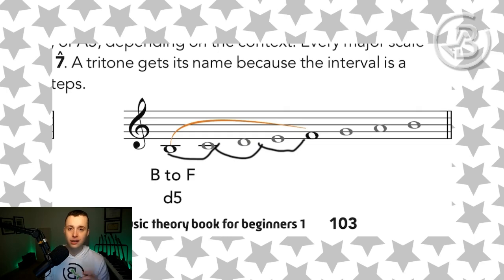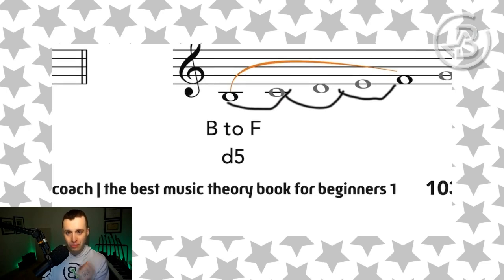We have B to C sharp to D sharp or E flat, then D sharp or E flat to F, and that is 3 whole steps. So because there's only 3 whole steps there instead of 3 whole steps plus a half step, that's why we're going to call it diminished, because that fifth, that 5, is not going quite as far as it did for the major scale. I will see you in the next lesson.